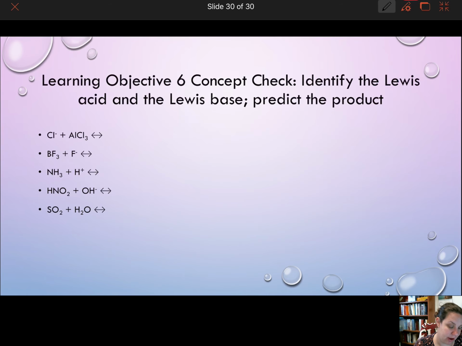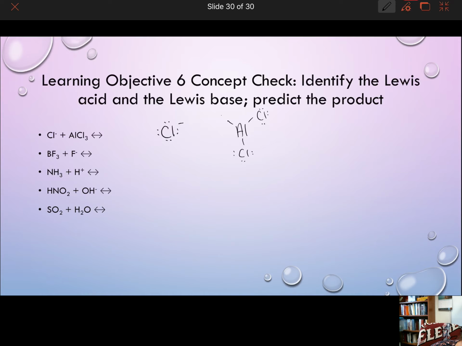So let's see if we can identify our Lewis acid and our Lewis base, and then predict the products. So if we have Cl- and AlCl3, hopefully you recognize that Cl- has, we actually should draw the Cl-. It looks like this, and then the AlCl3 looks like this.